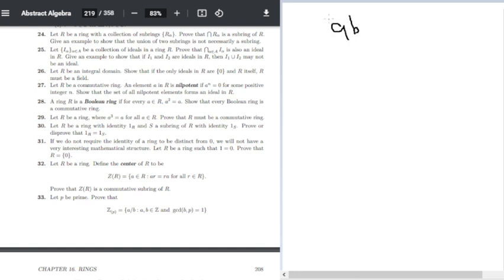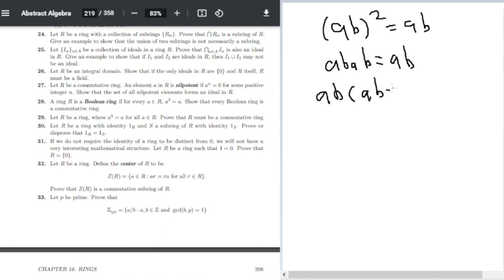So we have that AB squared equals AB. So AB equals AB, which means we have AB times (AB minus 1) is equal to 0.